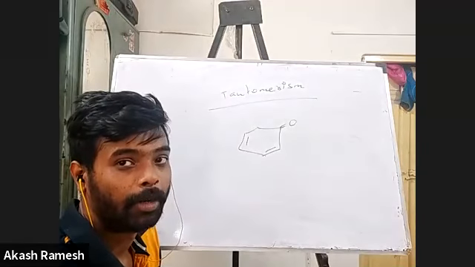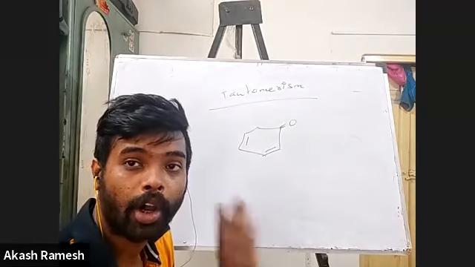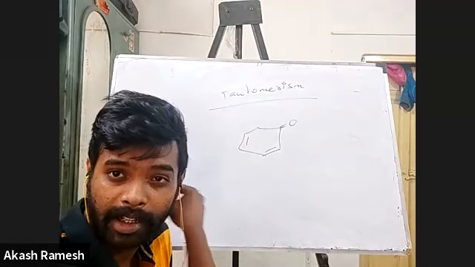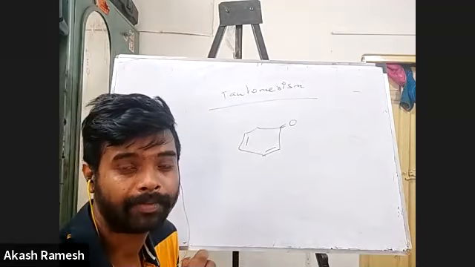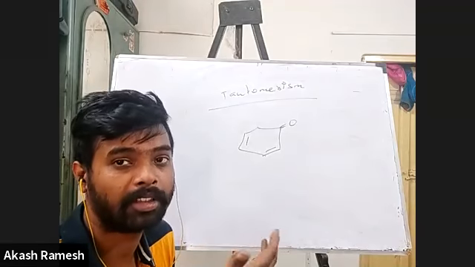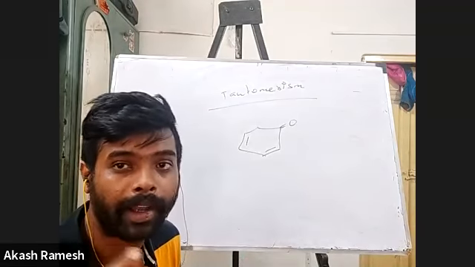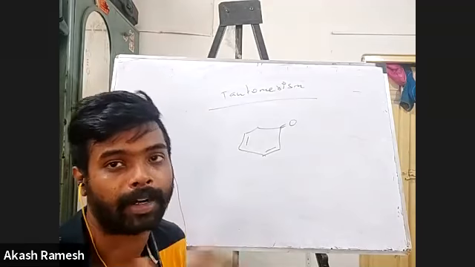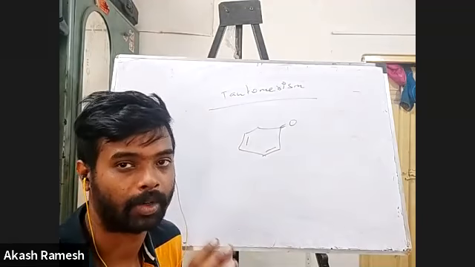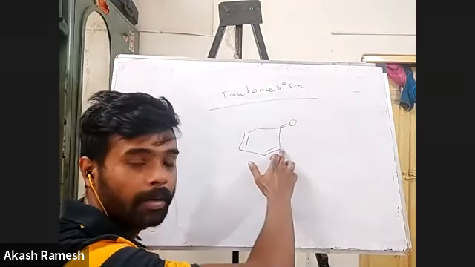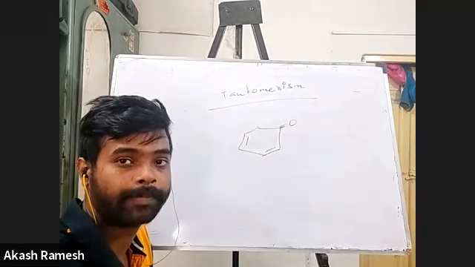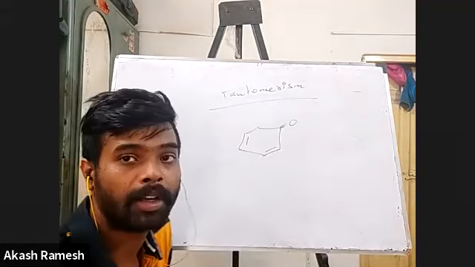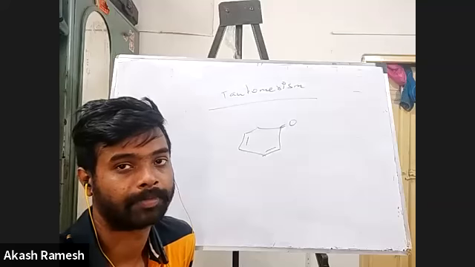Please understand, you cannot remove H plus from sp2 or sp hybridized carbon atom generally. Unless it is an alkyne, I'll tell you when we go for acidic strengths. This is an sp2 hybridized carbon atom, you cannot remove H plus from that. So the only possibility I have is to remove H plus only from here.